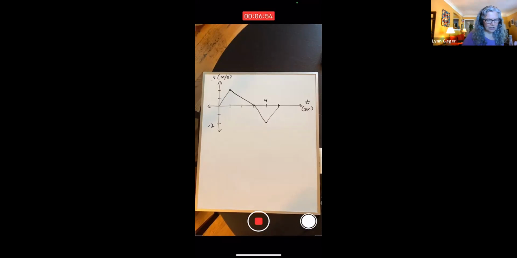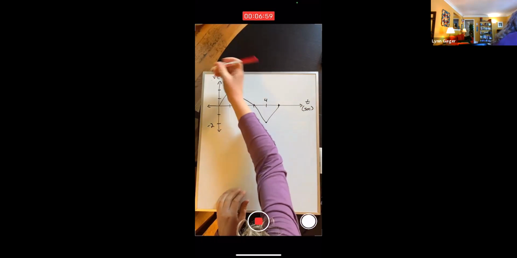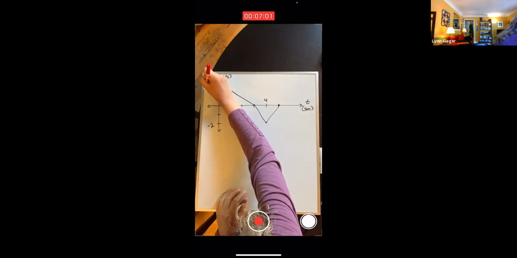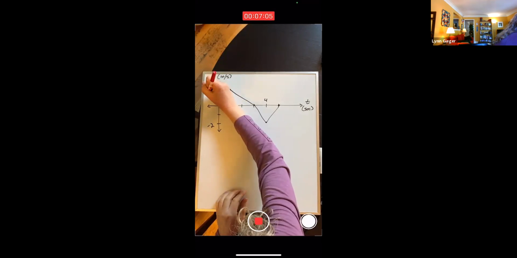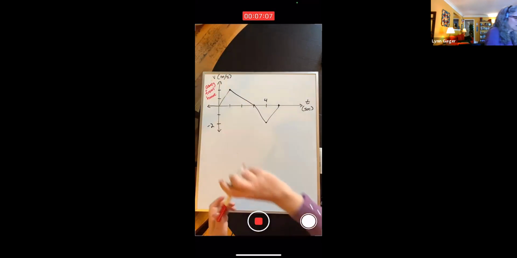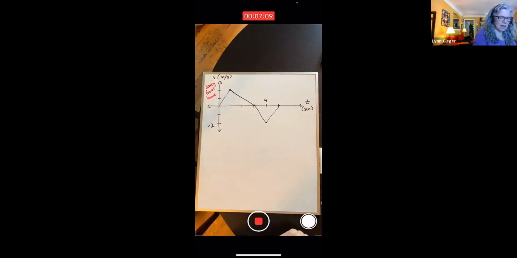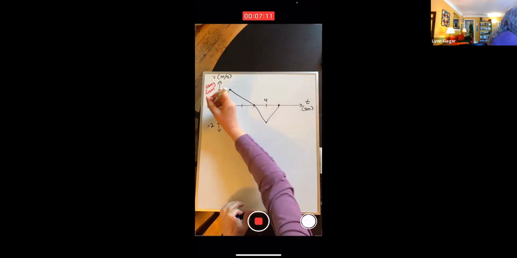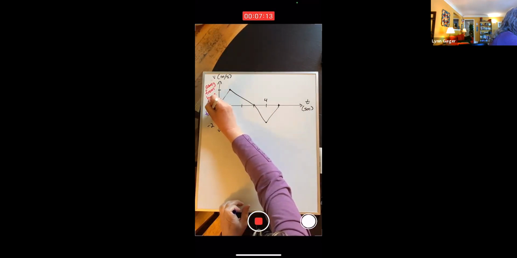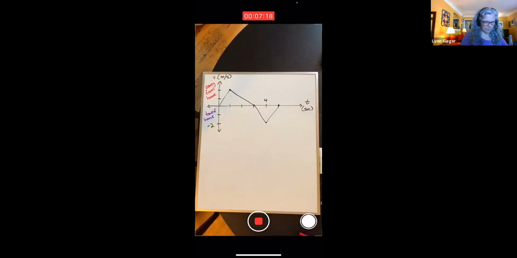So let's do that. Away from home. And if you turn back around, then you're going toward home. So we can make this a little bit more consistent with that example 3.